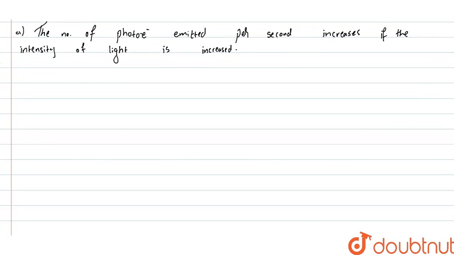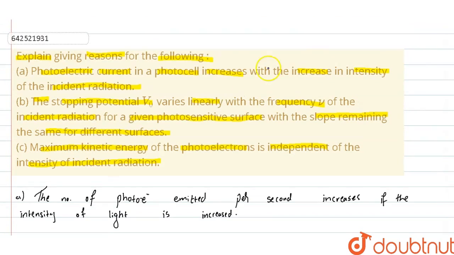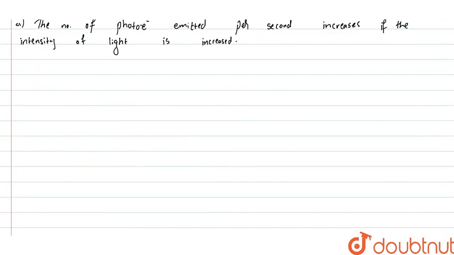Now for B, the question asks us, the stopping potential V0 varies linearly with the frequency V of the incident radiation for a given photosensitive surface, with the slope remaining the same for different surfaces. Now why is that? So we have observed that if we increase the intensity of light, we see more photoelectrons being emitted.